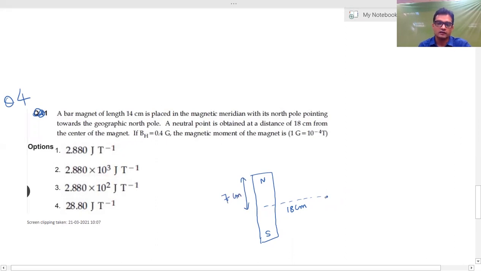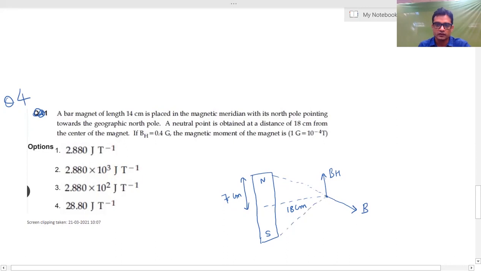Here the horizontal magnetic field of Earth will point towards this direction. I'm taking it as BH. It is given as 0.4 Gauss. 1 Gauss is equal to 10 to the power minus 4 Tesla. Due to this magnetic pole, a magnetic field will be there, which will point away from the north pole, towards this direction. I'm taking it as B. And from the south pole, it will point towards the south pole.